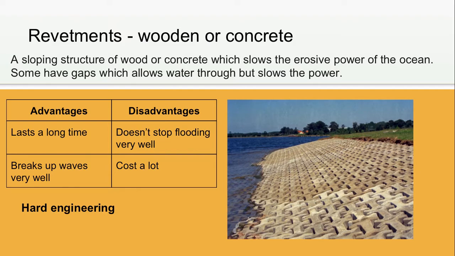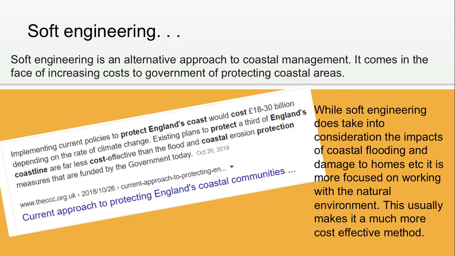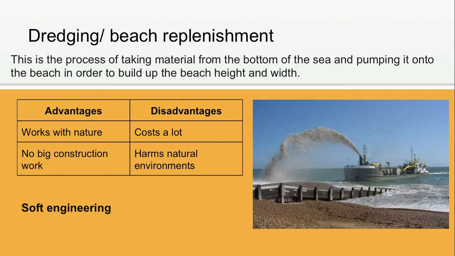So that's just another example, the concrete one. Soft engineering, so the alternative approach, okay? So we've got dredging and beach replenishment, where you actually shoot the sand back onto the beach, okay? So it's part of nature, the natural process. So instead of stopping the material being transported away, you can just take it from one place and move it back to where you want it.